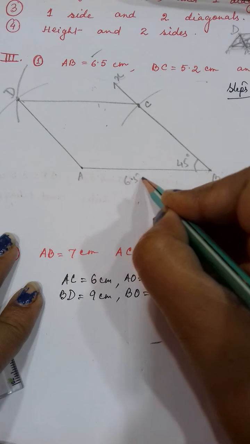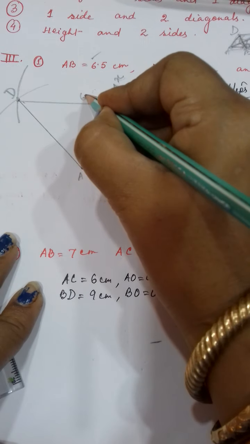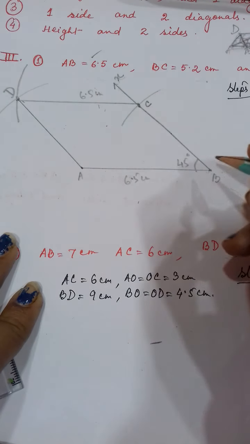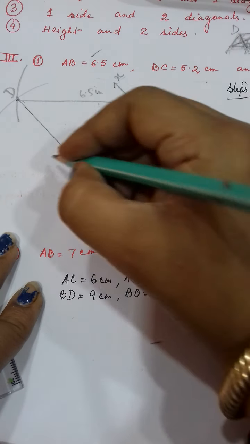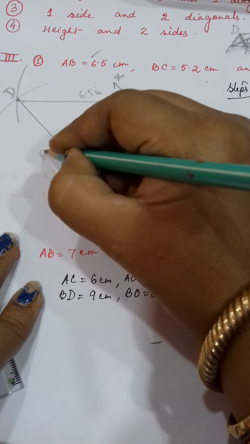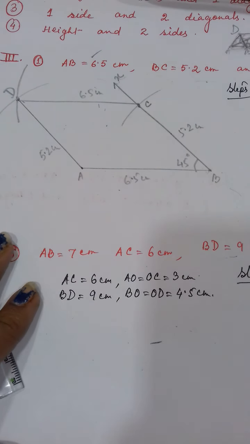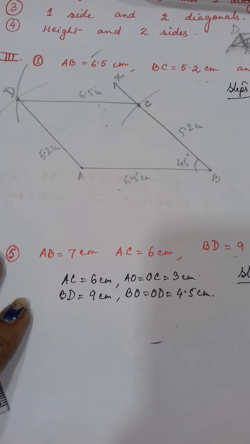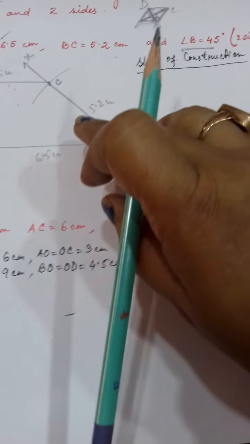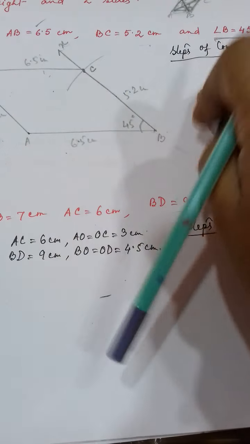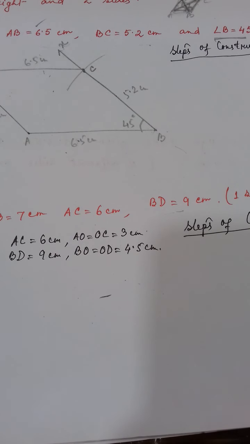AB is 6.5 centimeter, so DC will also be 6.5 centimeter. BC is 5.2 centimeter, so AD will also be 5.2 centimeter. Clear? Have you noticed? Clear to you how to construct? Now after that you will write down its steps. Steps are all the same. In which way you construct, the same way you write down the steps.